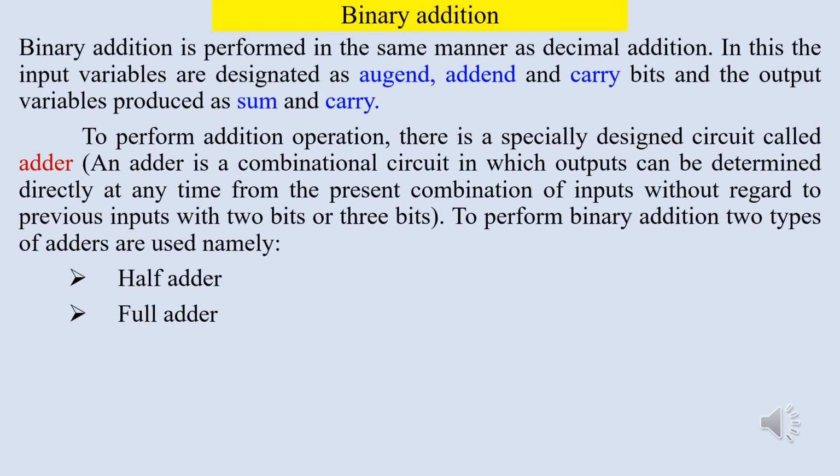To perform addition operation, there is a specially designed circuit called adder. An adder is a combinational circuit in which outputs can be determined directly at any time from the present combination of inputs without regard to previous inputs, with 2 bits or 3 bits. To perform binary addition, two types of adders are used, namely half adder and full adder. In our subsequent slides, we will discuss half adder and full adder tables in detail.